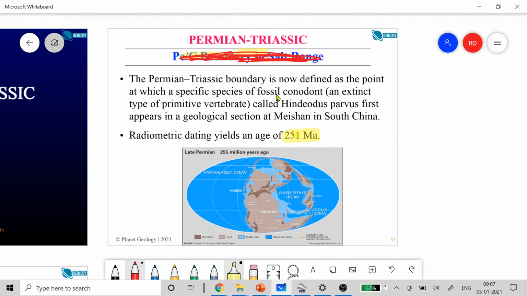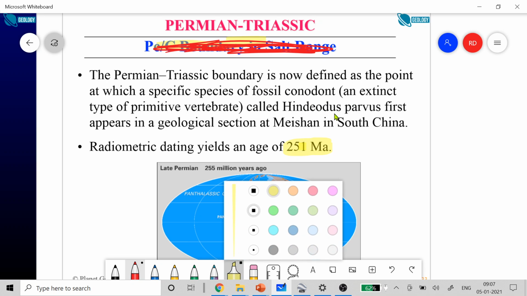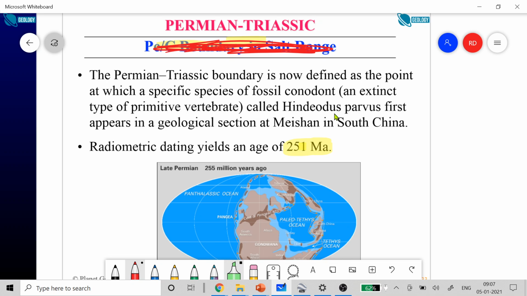So the Permian-Triassic boundary is now defined as the point at which a specific species of fossil conodont, an extinct animal, again these conodonts we have already studied in the paleontology course. At the stratotype at that location, this fossil species is a conodont called Hindeodus parvus, which first appears in a geological section at Meishan in South China.